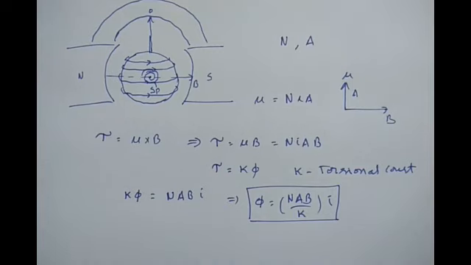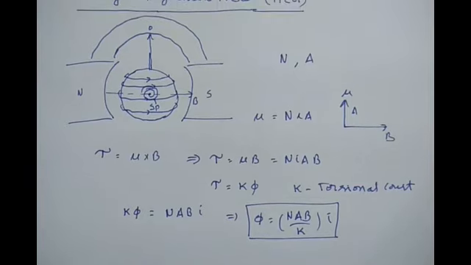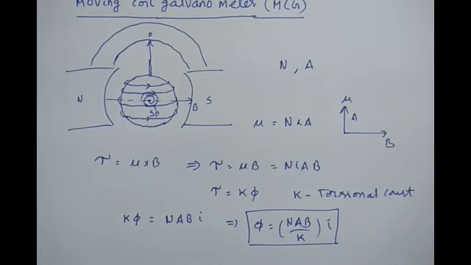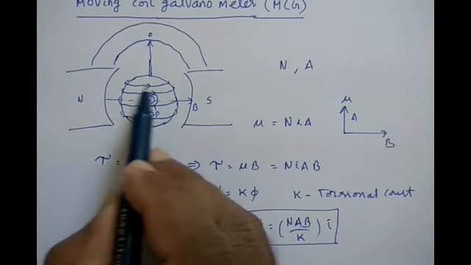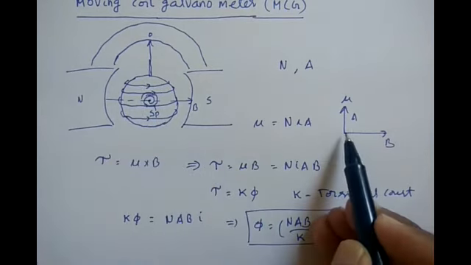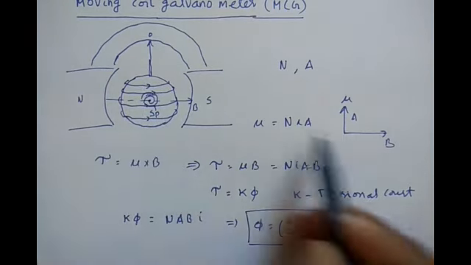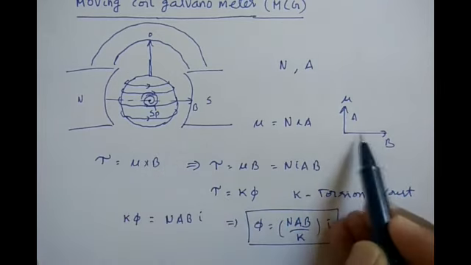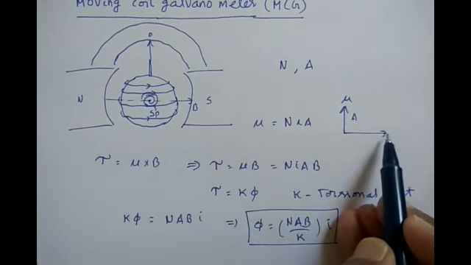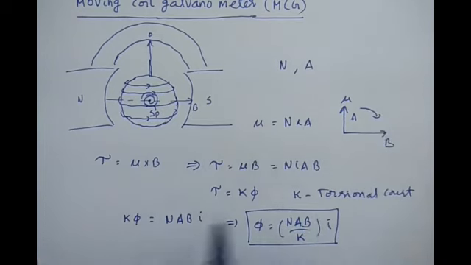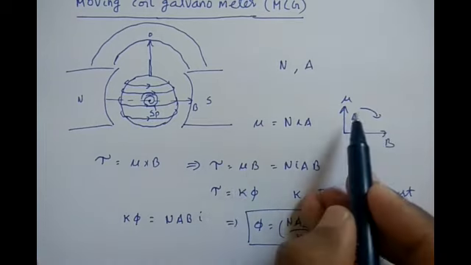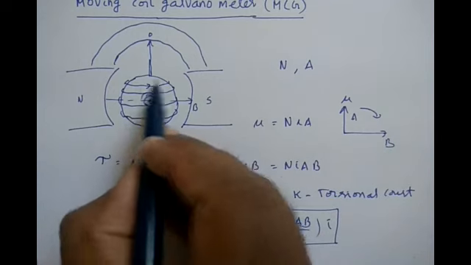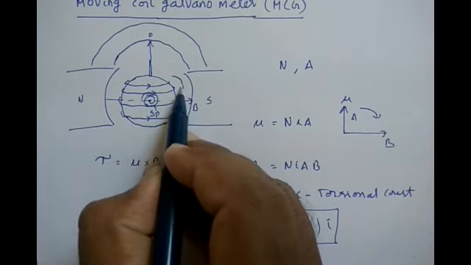Now for this case, let us see the deflection here. The torque is acting, see here, current is going in this direction. When current is going in this direction, the area vector will be upwards, as shown here, and the magnetic field is going in this way. Then the torque produced by this field will be in this direction, so the coil gets rotated like this.